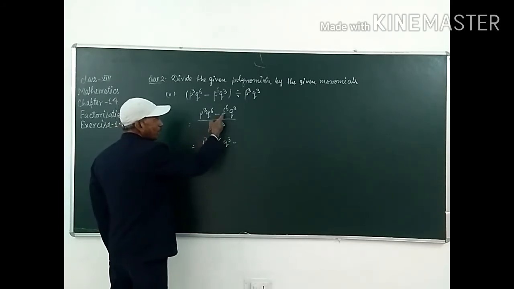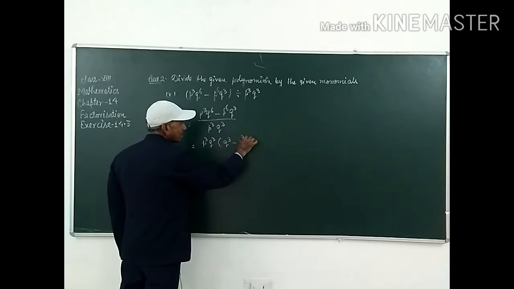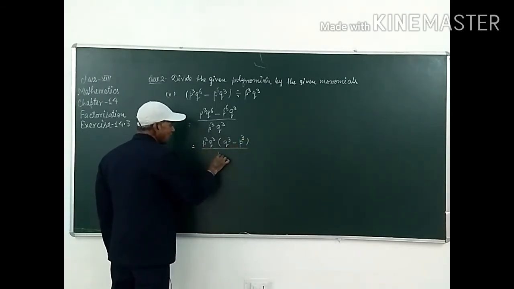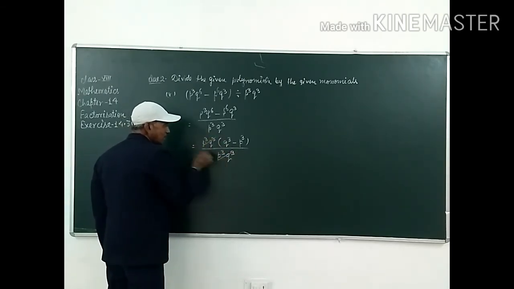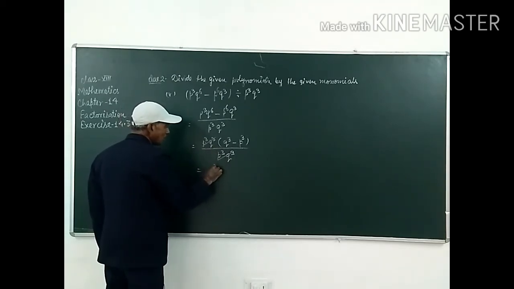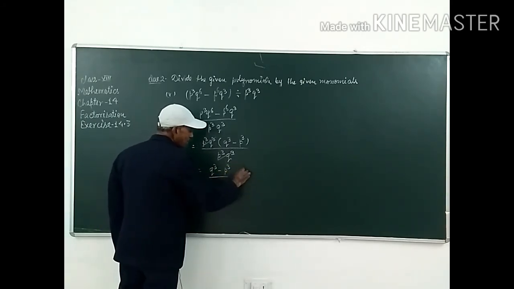So p to the power 3 will remain in this part, and now we have to write p cube q. This numerator will be cancelled by this denominator, and only q cube minus p cube will remain. So this one is the answer, student.